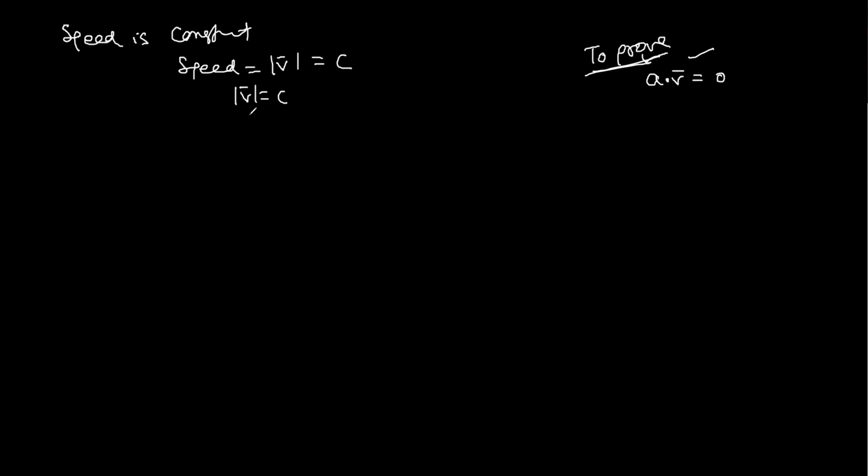Now see, it is given. Now, when you square both sides, you know modulus v square is nothing but the dot product of the same vectors. You know the dot product of the same vector is nothing but modulus square. Now differentiate with respect to t on both sides.